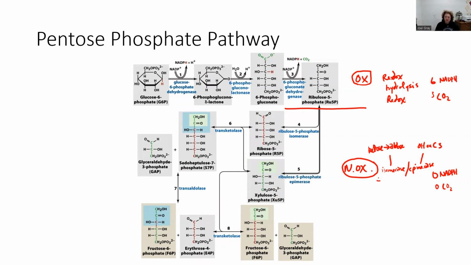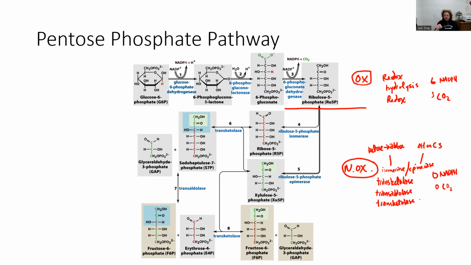After that, it's a transketolase reaction, followed by a transaldolase, followed by a transketolase. I think that's the most helpful way to think about this pathway. It's a transketolase followed by a transaldolase followed by a transketolase.